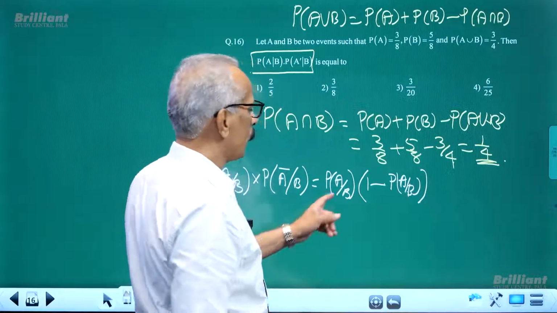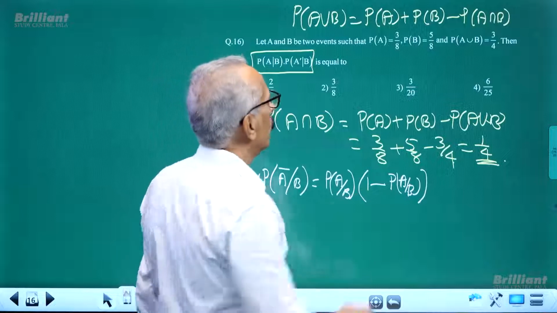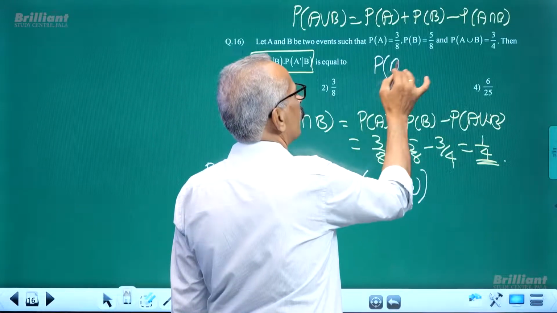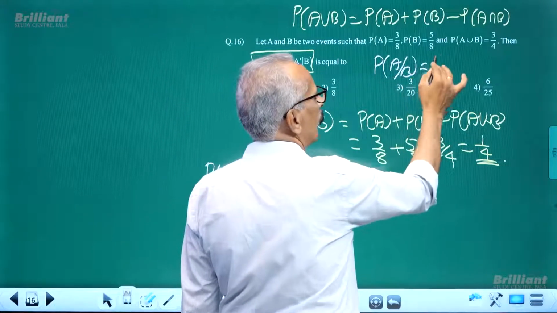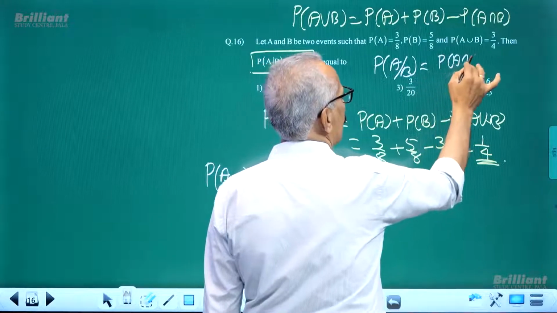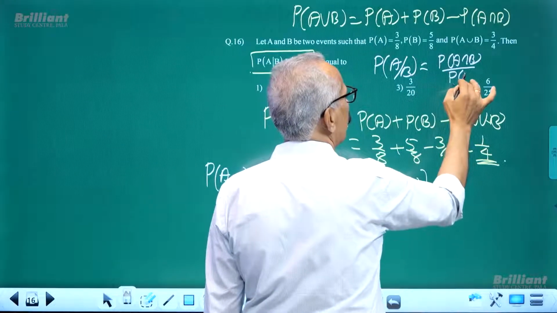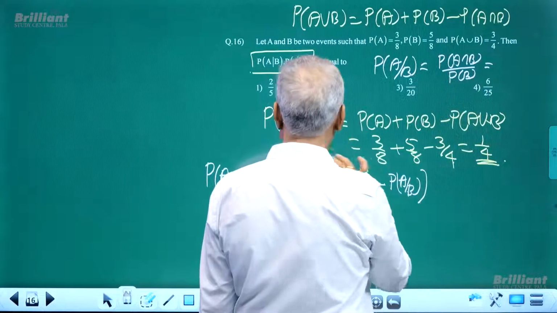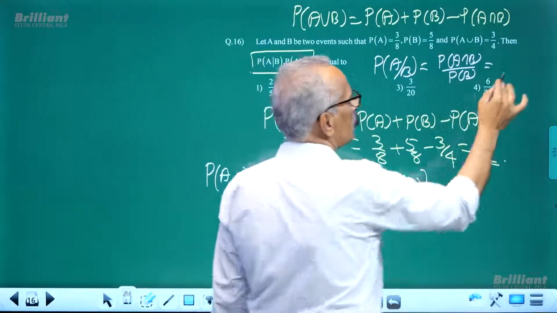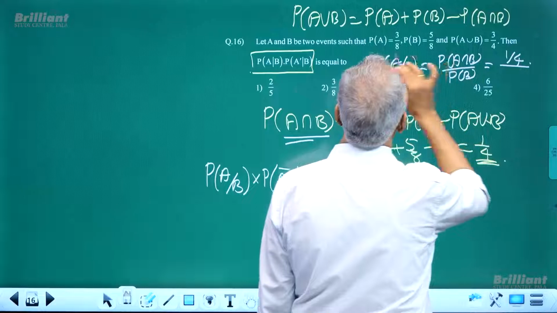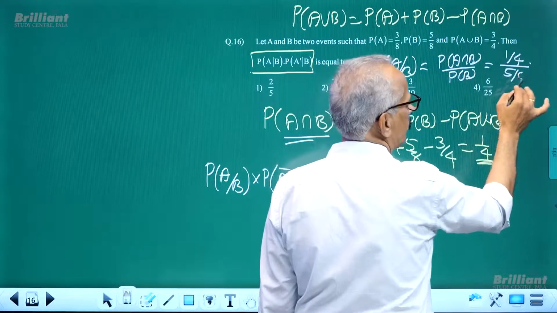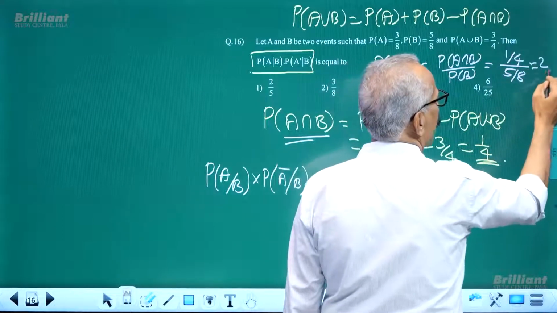So we could have calculated probability of A given B. Here I calculate probability of A given B. Tell me the formula: probability of A intersection B divided by probability of B. That's the reason I calculated probability of A intersection B. This is 1 by 4 divided by probability of B, 5 by 8. 8 will cancel, that is 2 by 5.